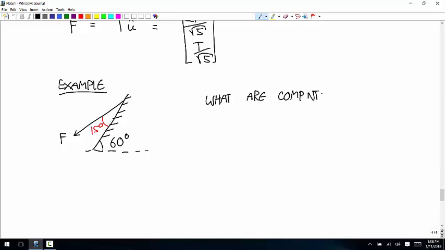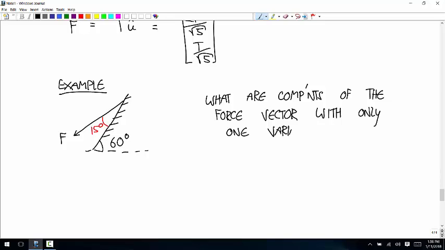What are the components of the force vector using just one single unknown, only one variable? And let's just use a standard coordinate system like this.